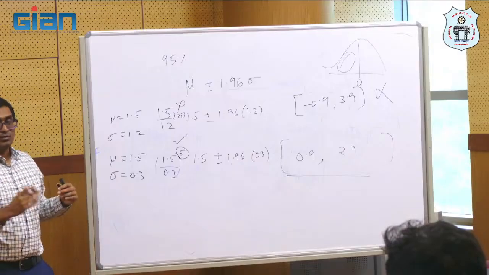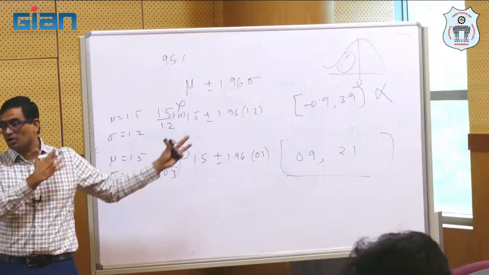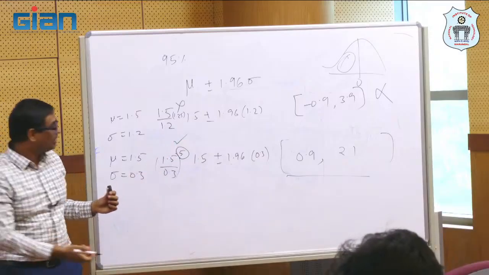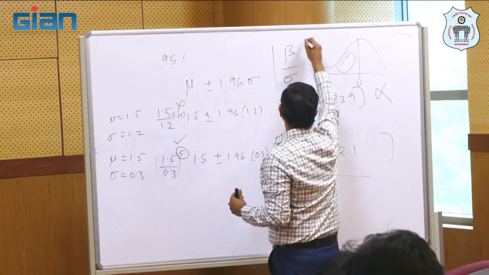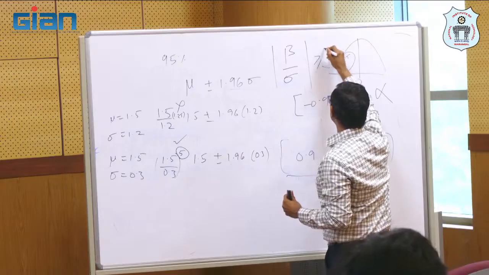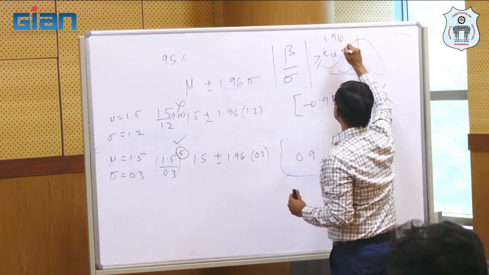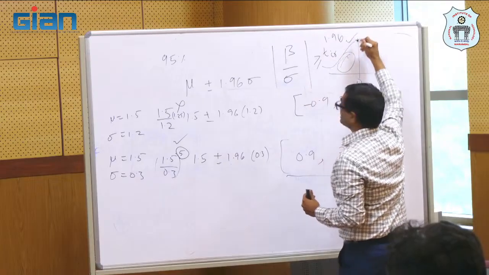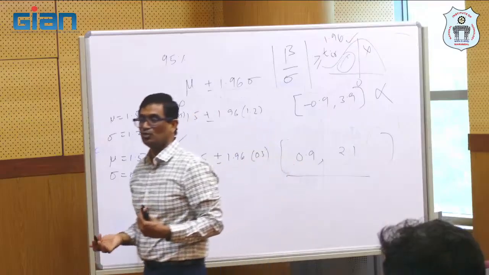So again, we started with the curve, with positive and negative, but we can't do all of this each time we run our model. So we simply compute beta over sigma and compare it to the T critical. For 95%, this would be 1.96. If it's greater than or equal to it, then it's significant. If not, it's insignificant. That's the T test that we do.